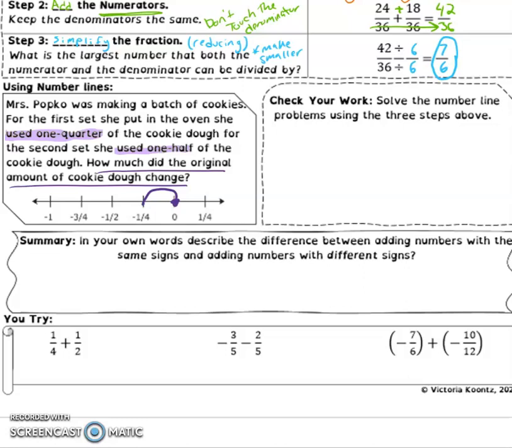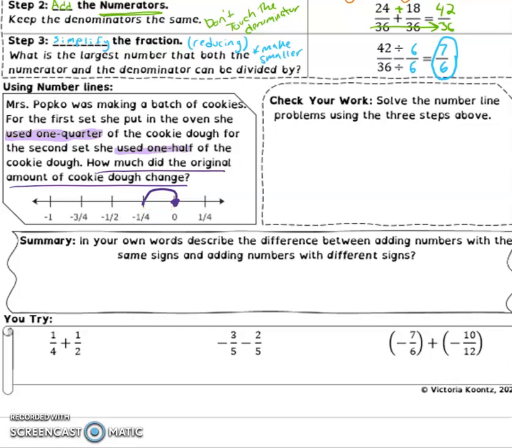But our increments are in quarters, so we need to make 1/2 the same as 1/4. So how do we make 1/2 the same as 1/4? Like our denominators, here we have 1/2. So we can look at this and go 1, 2. 2/4 is the same as 1/2.